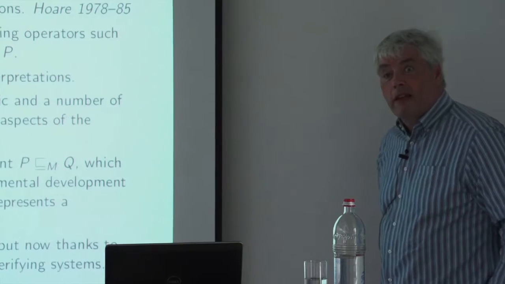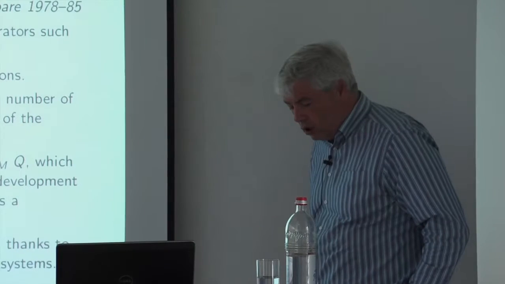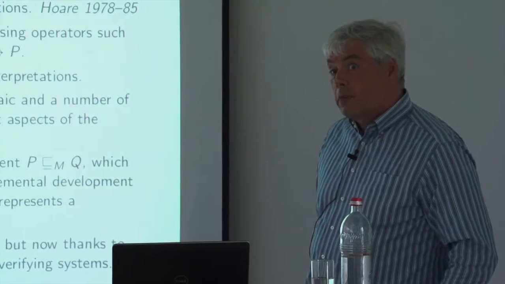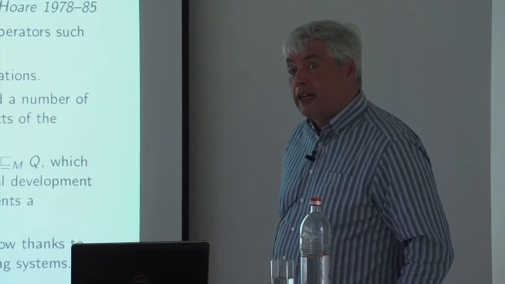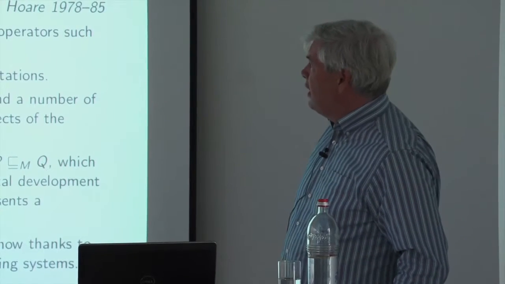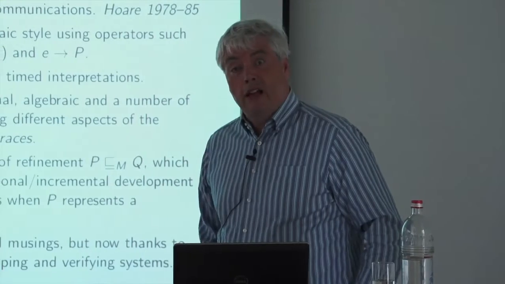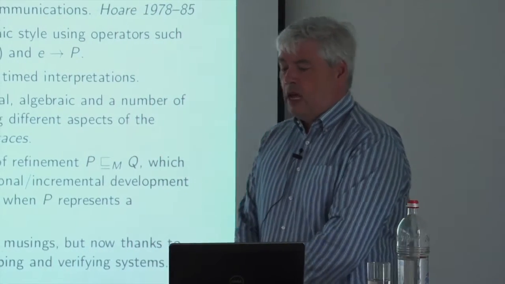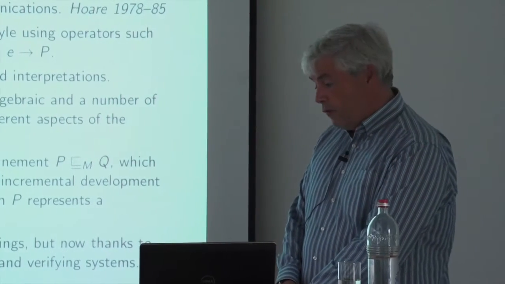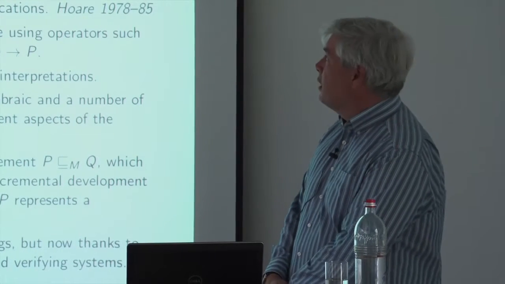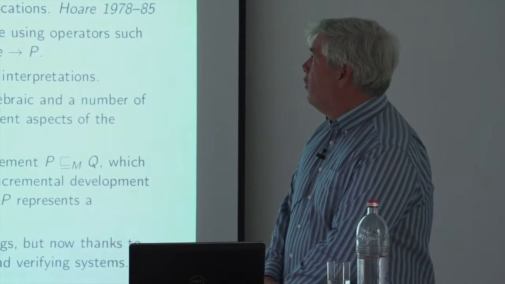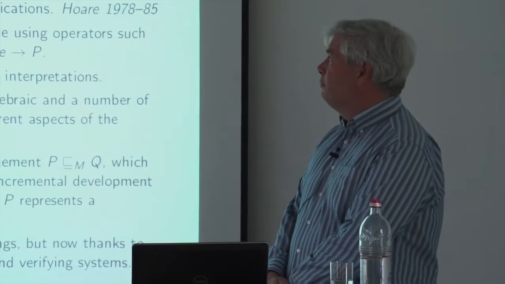So a few words of explanation first, because I guess that a lot of you will not know very much about these topics that I'm going to talk about today. What is CSP? It's a notation known as a process algebra. A process algebra is a particular sort of algebraic notation for describing concurrent systems.